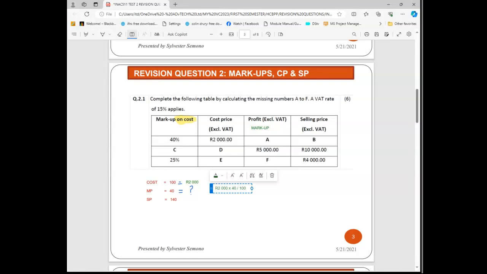Remember, wherever you put the question mark, the rule is you need to put that on top. That's why you put it on top here. Wherever you put the amount, can you see you put 2000 here? You will put that percentage at the bottom.